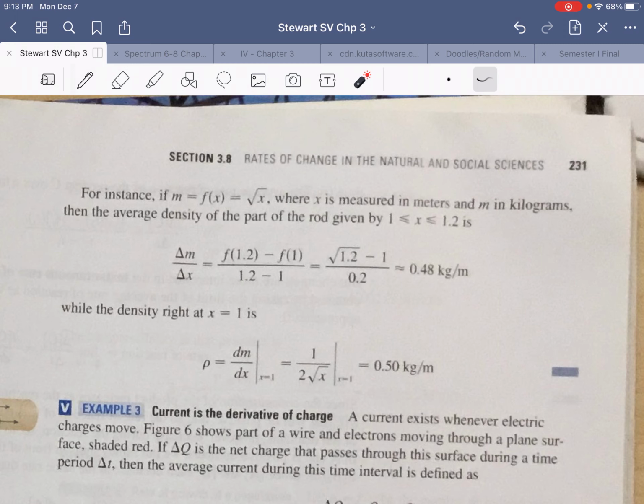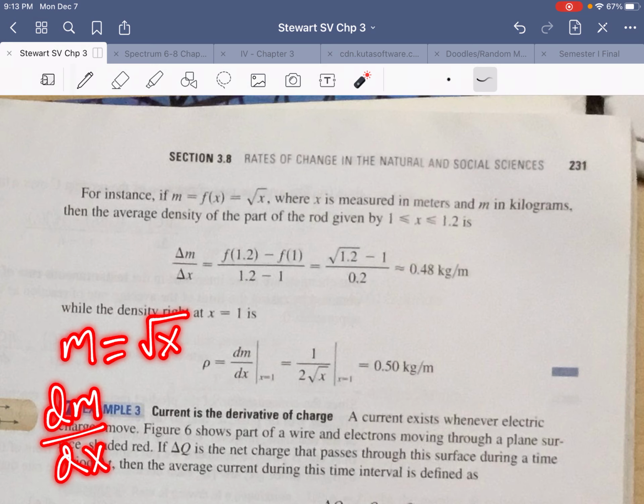So the mass of your object is equal to the square root of how far along your object you are. So the linear density at a particular position, that's the rate of change of the mass with where in the rod you are. So if m is a function of x, what you're looking for is dm over dx.